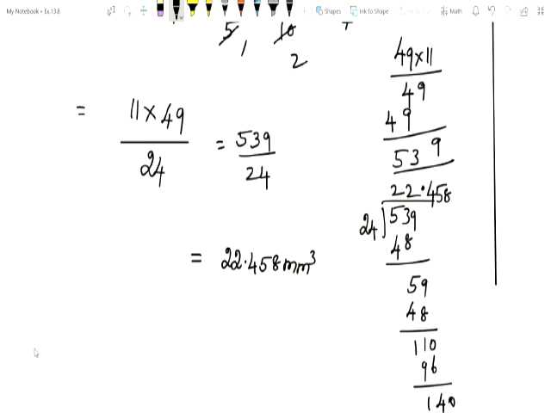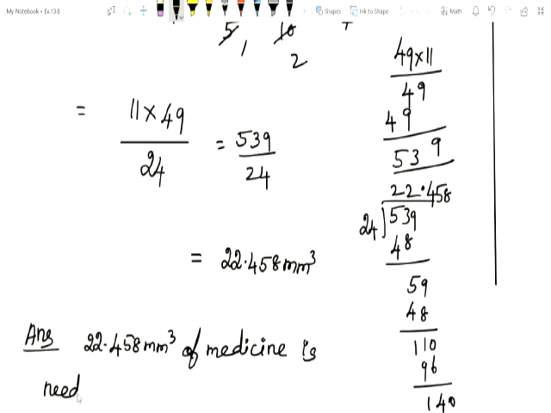So the answer is 22.458 millimeter cube of medicine is needed to fill this capsule.